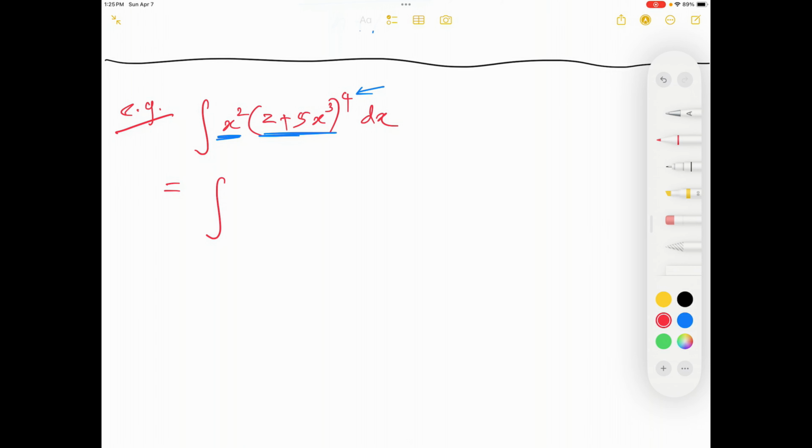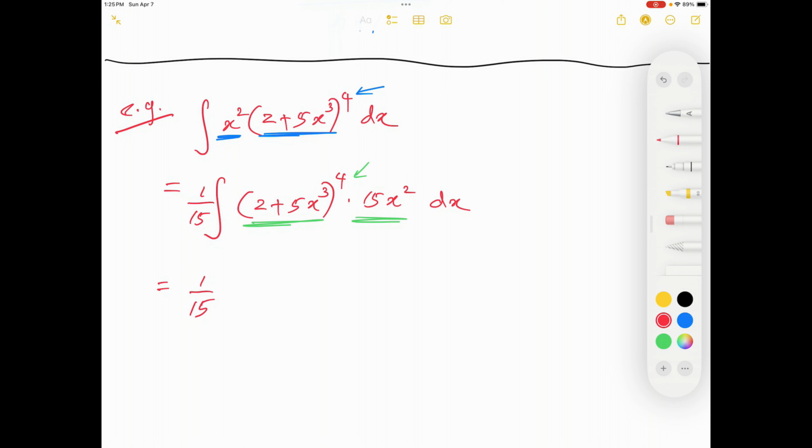So I'm going to rearrange this question as integral 2 plus 5x cubed raised to the fourth power. Instead of that x squared, I'm going to write a 15x squared. Because I introduced a 15, I'm going to divide that out. And then I have dx. Now, nicely, this is my f of x, this is my n, and right here I have f prime x.